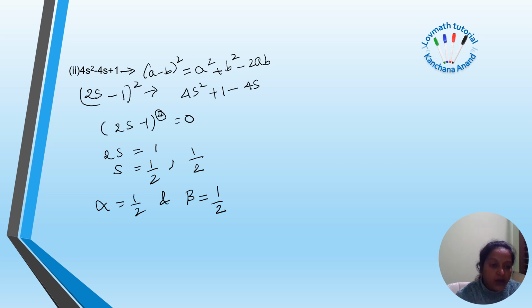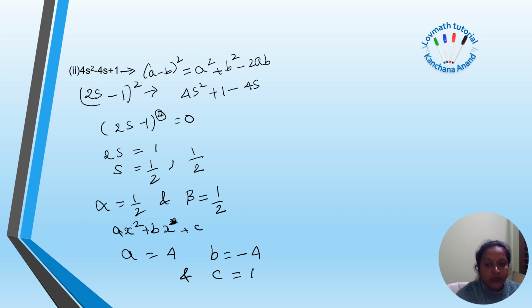So by comparing the above equation to the standard form of the quadratic equation ax square plus bx plus c, here a is equal to 4 and b is equal to minus 4 and c is equal to 1.